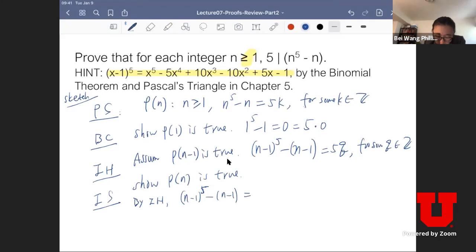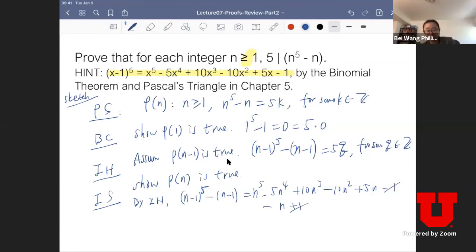So what I get, (n minus 1) to the power 5 is going to be n to the power 5 minus 5n^4 plus 10n^3 minus 10n^2 plus 5n minus 1. And I'm going to subtract n plus 1, right, which is the second term.